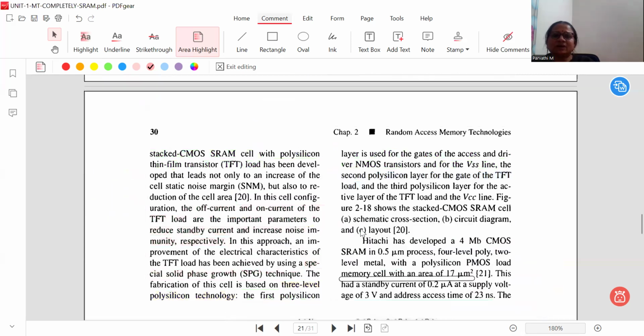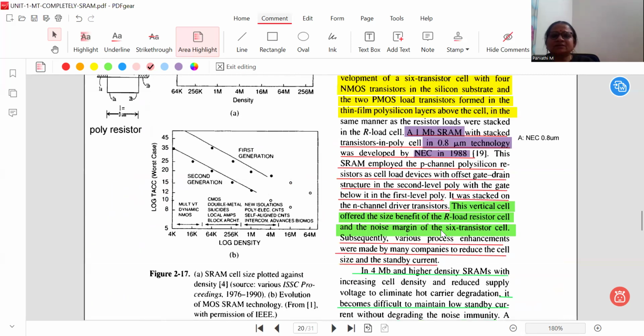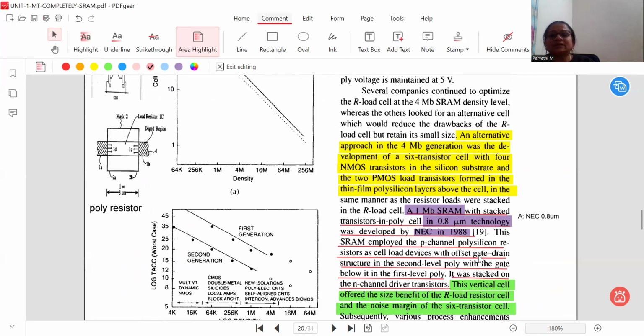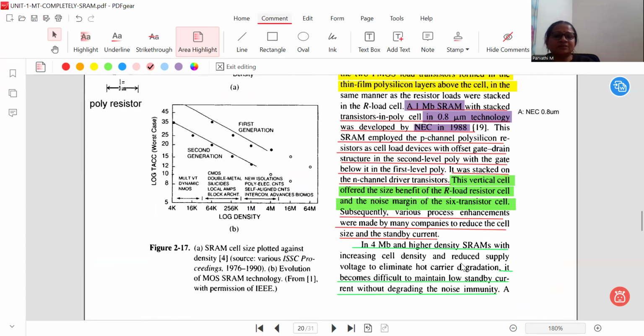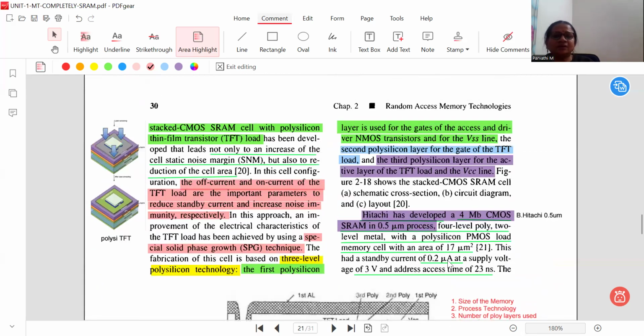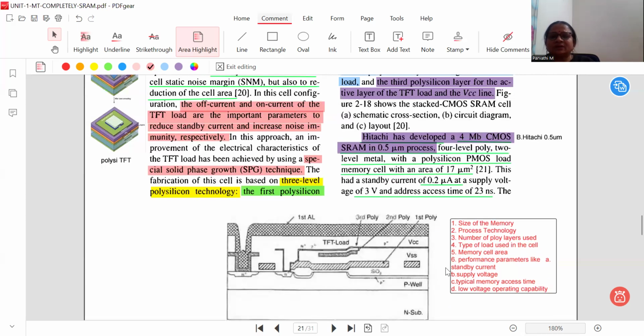In the case of 1 MB, the cell area is given as 12 micron meter square, if you observe. So what cell area is it taking?